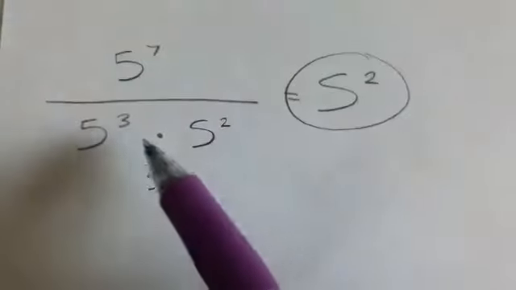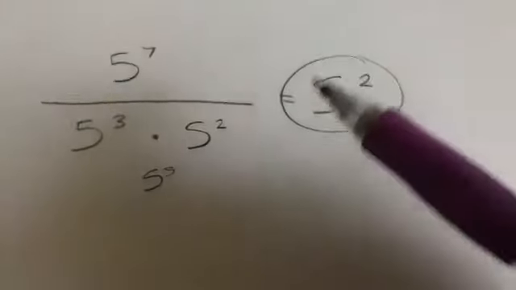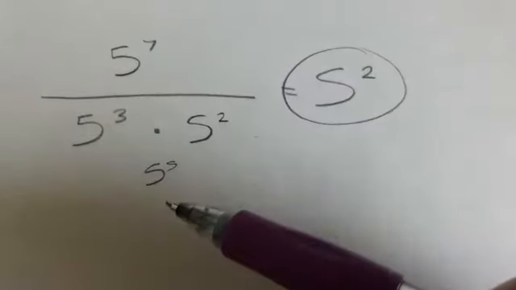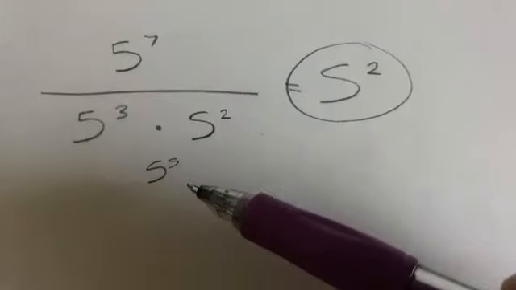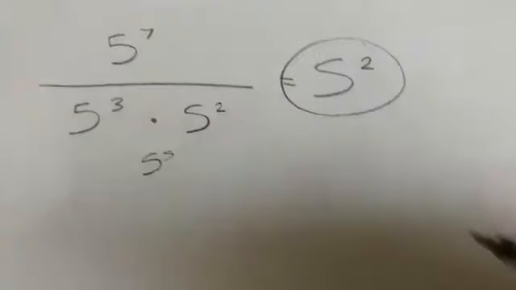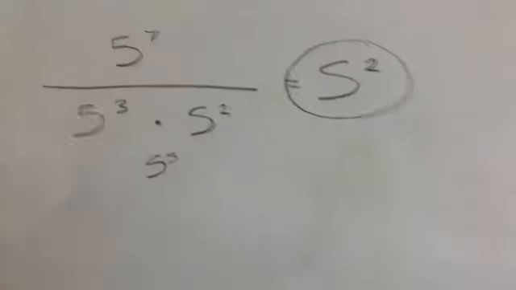So then this would basically be 5 to the fifth power, because you're also adding the exponents or the powers. So then it would be 5 to the seventh power divided by 5 to the fifth power, keeping the common base, 5, and subtracting 5 from 7 because they're the powers. So then our final answer would be 5 to the second power.